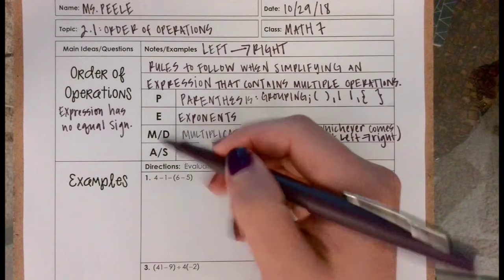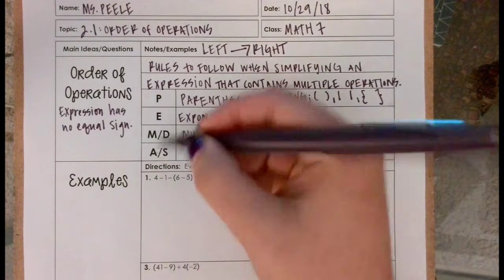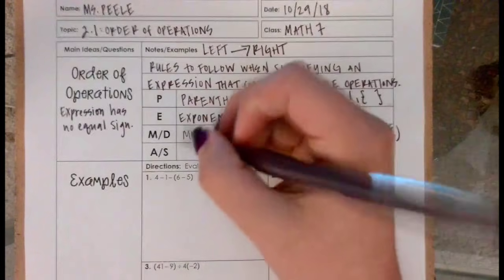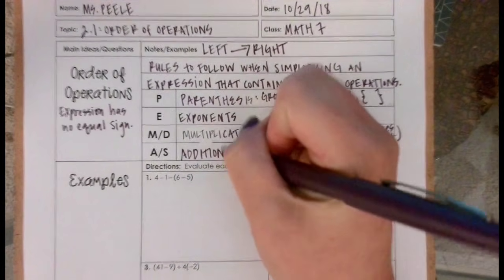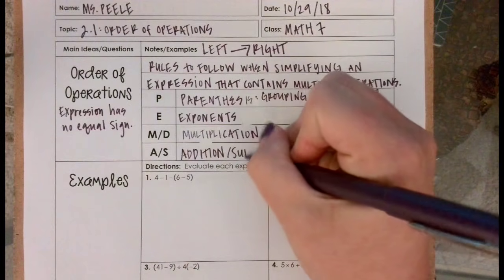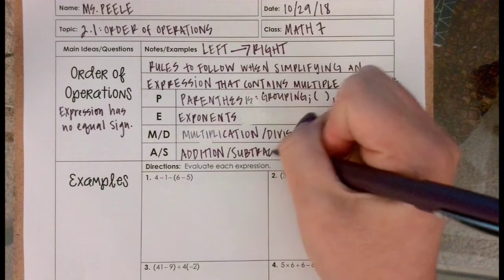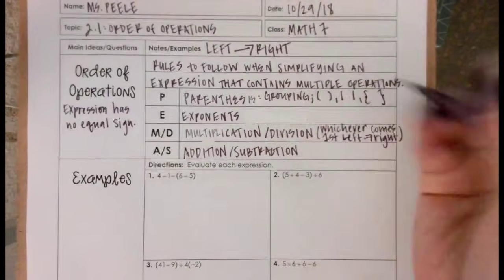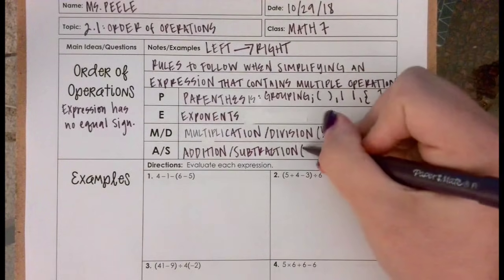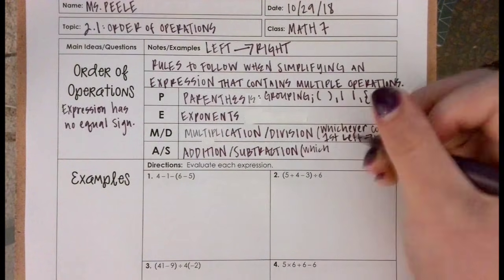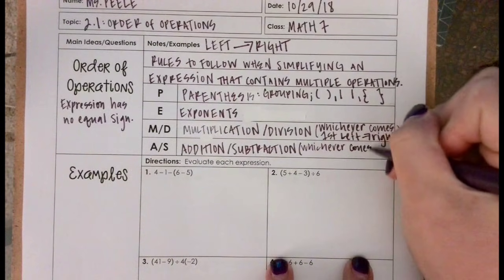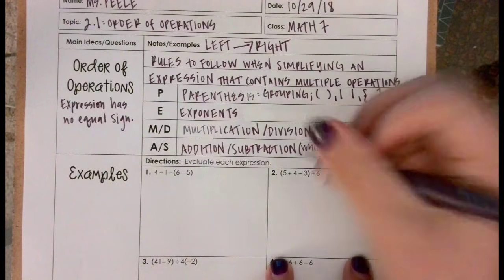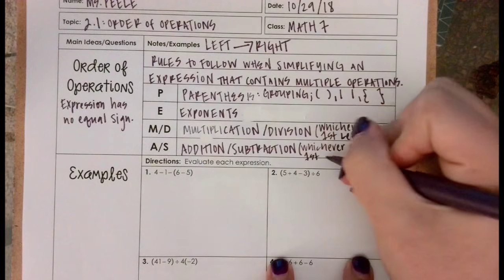After we finish everything else in PEMDAS, we're going to do addition and subtraction operations, and it's going to be whichever operation comes first, left to right. So that's why it says slash again. And now this might not make a whole lot of sense now, but once we start practicing problems, you're going to see where this comes in. So whichever comes first, left to right.